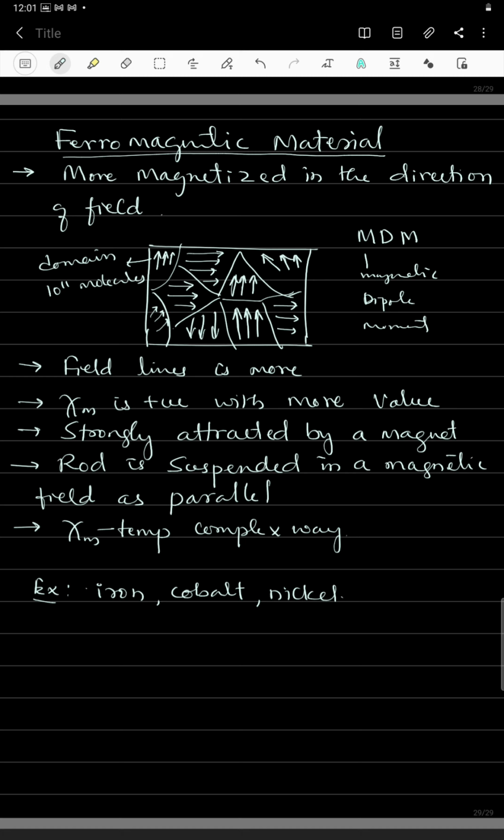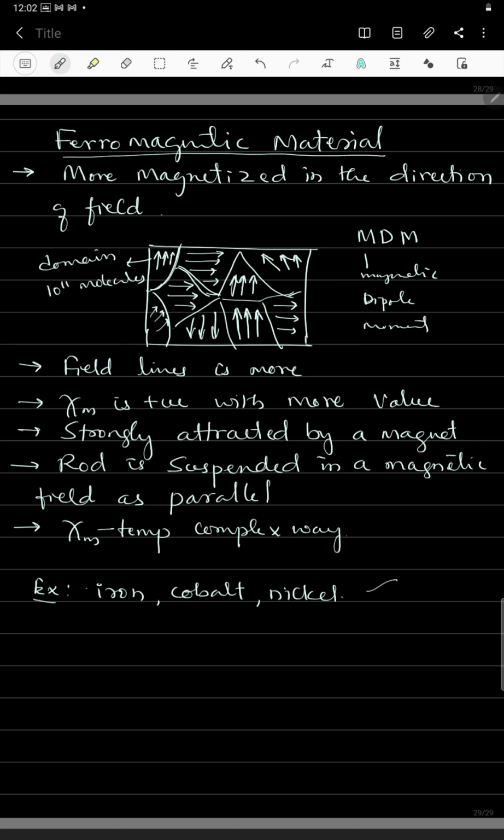Iron, steel, nickel, cobalt, and alloys like aluminium plus nickel, cobalt. So this type of material is called ferromagnetic material. I have written here already, more magnetized in the direction of the field. I have shown the diagram here. These are called domains.